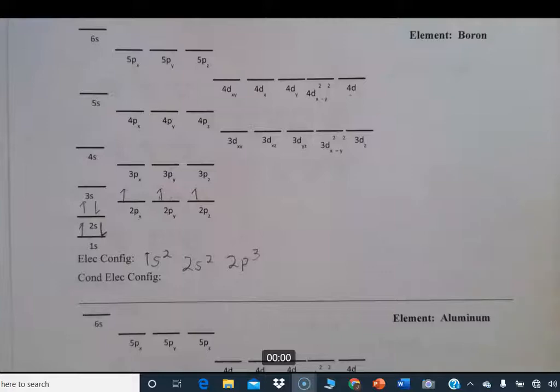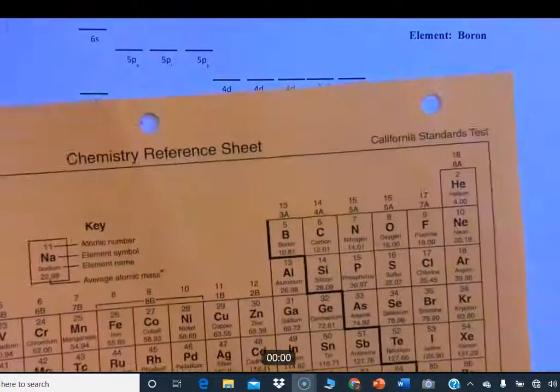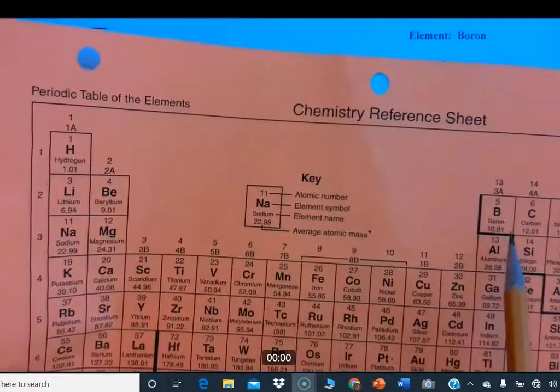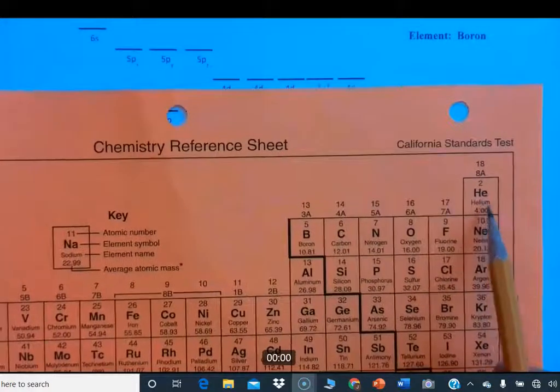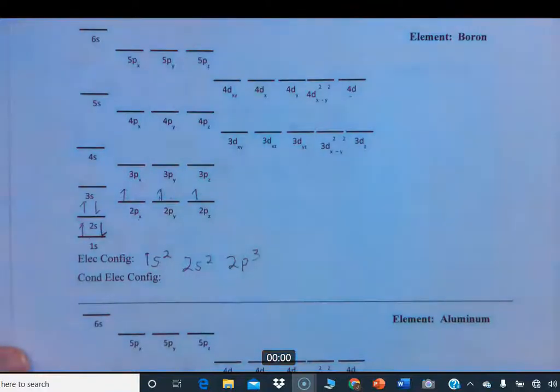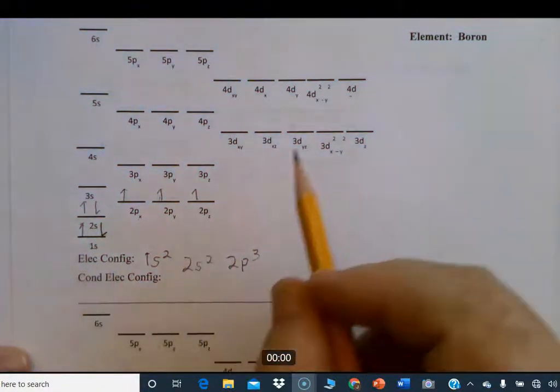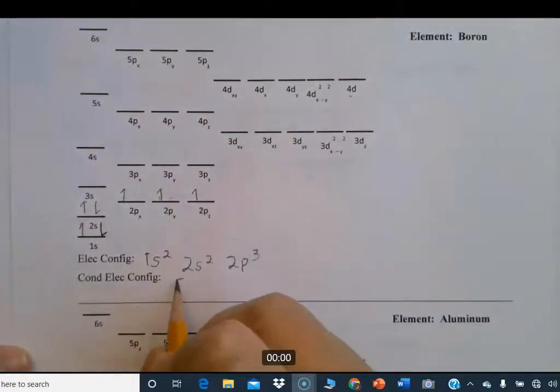The condensed electron configuration is you start with the noble gas that comes before the element you're dealing with. So boron, the noble gas that comes before it in the first row is helium. So you take that noble gas, whenever you get to the end of the 1s orbital or any p orbital, then that's going to be a noble gas. So this is going to be helium.